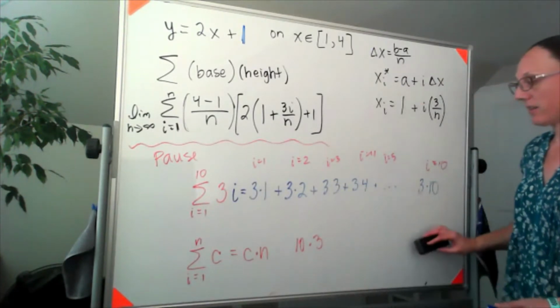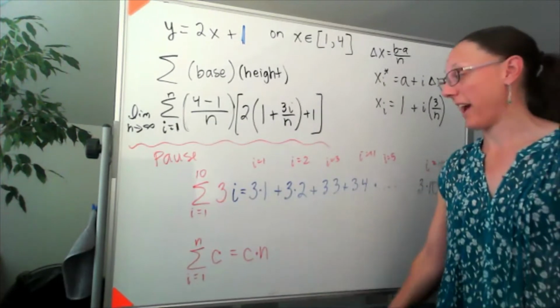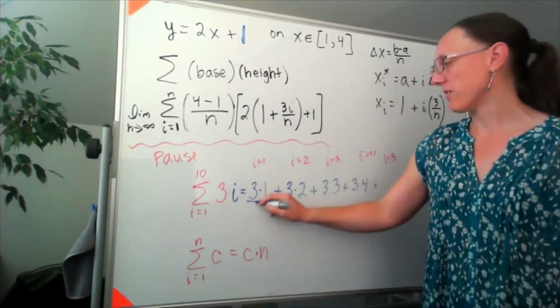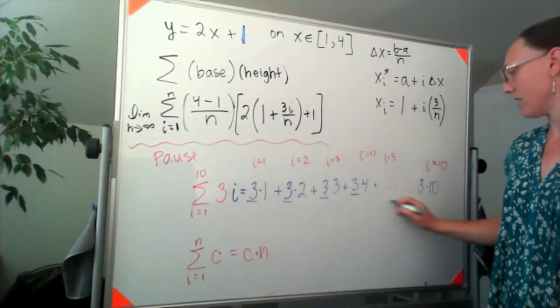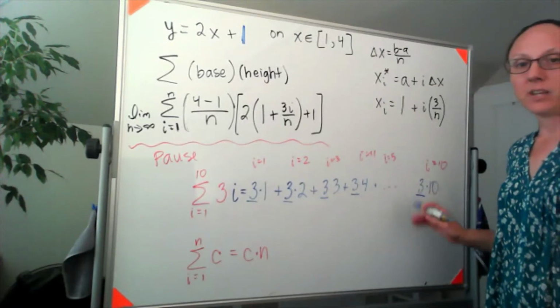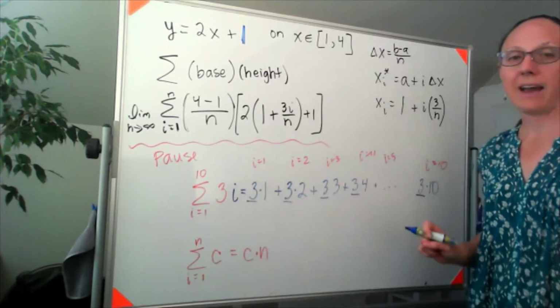Well, one of the things that happens in writing that all the way out is each of these terms has a 3 in it, which means I could factor a 3 out of the whole thing.